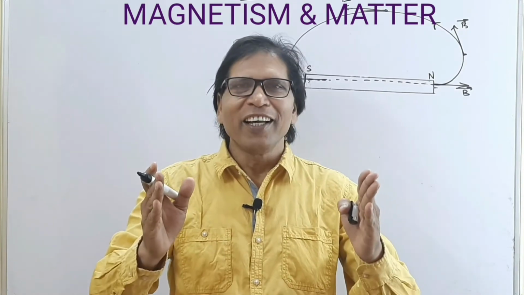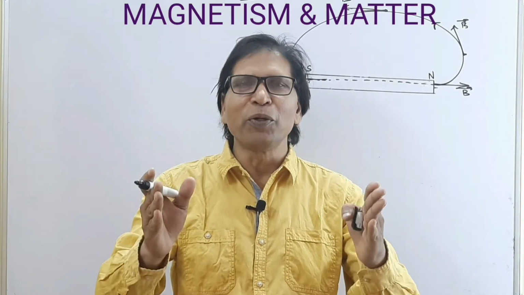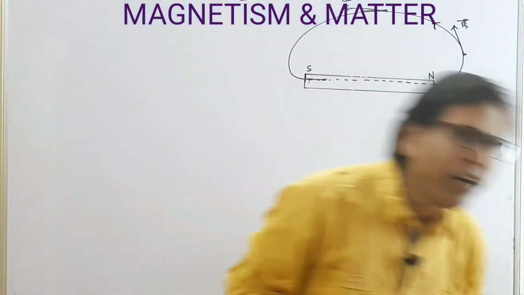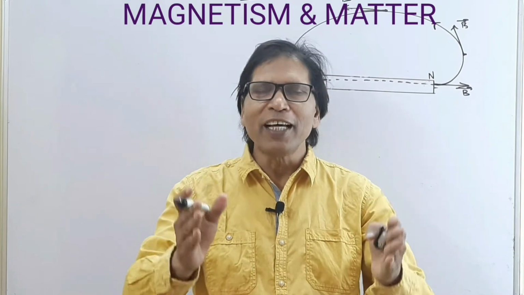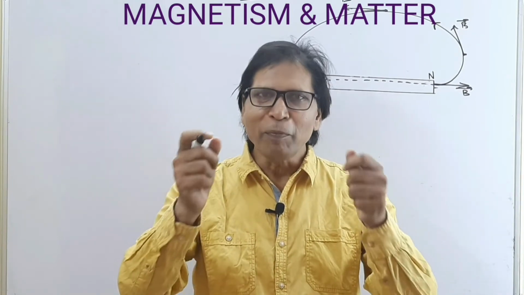Number 1, the magnetic field lines are continuous and closed. Number 2, the tangent at any point of these field lines gives the direction of magnetic field. Number 3, if the lines of force are closer, then the field is stronger.